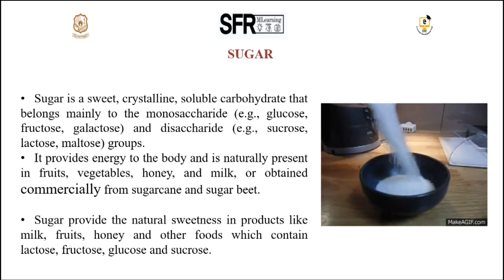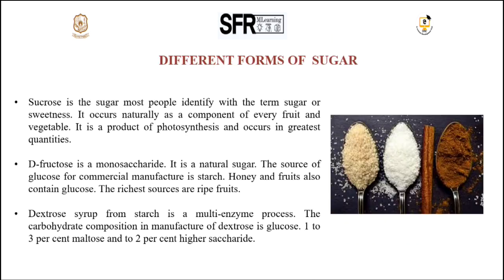It provides sweetness to our products, like milk-based products, giving a natural sweet taste. Foods containing different kinds of sugars like lactose, fructose, glucose and sucrose easily give taste to the finished products. As a natural sweetener, it gives sweet taste and also increases interest in the food.